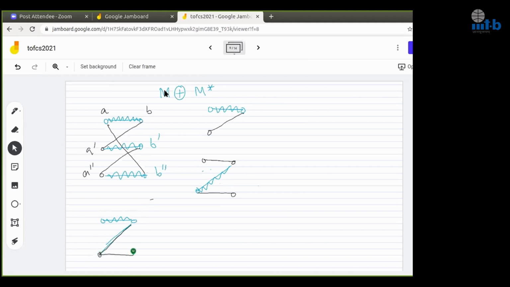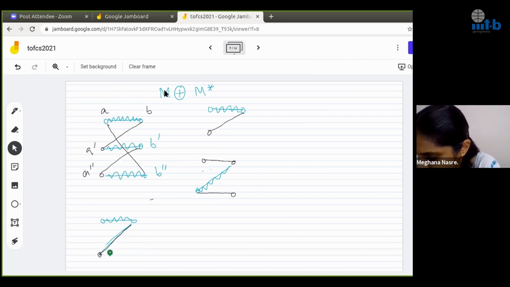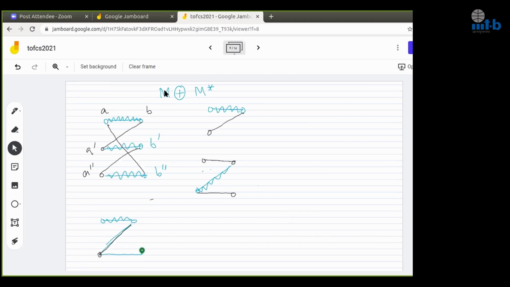So why does this structure not happen, or why are we saying this structure does not happen? Anybody? Maybe Sachin, if you are aware, or you can think of it.